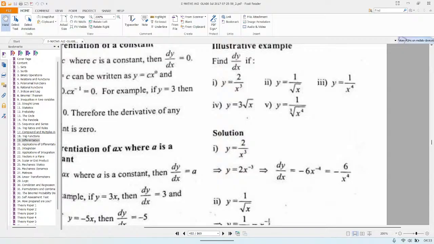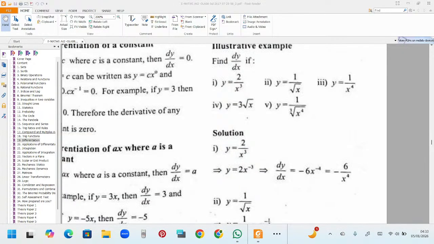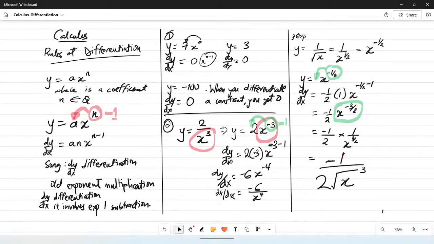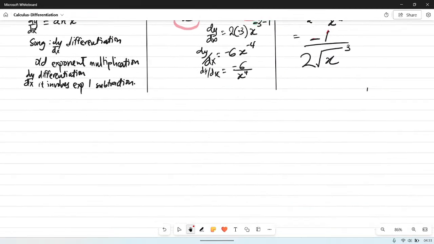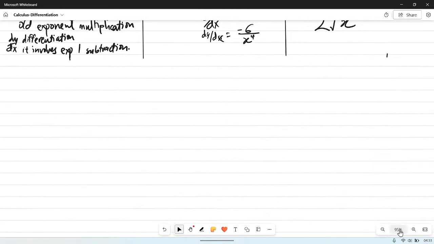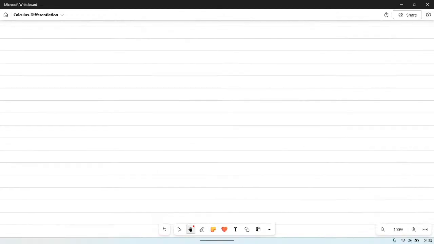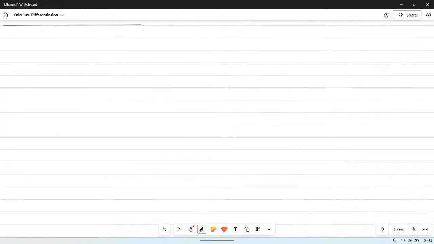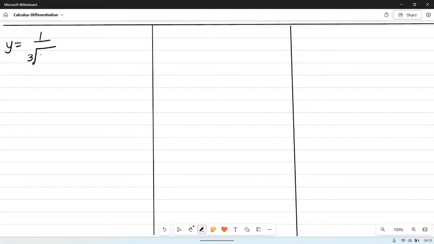Okay, let's see the fifth one. That is quite difficult. 1 over the cube root of x exponent 4.